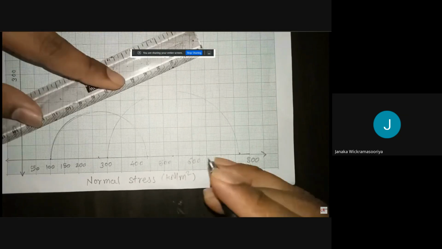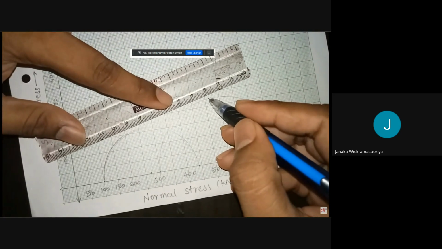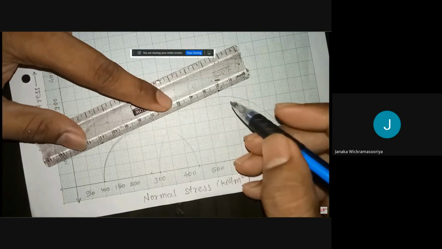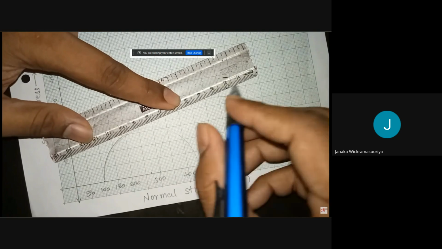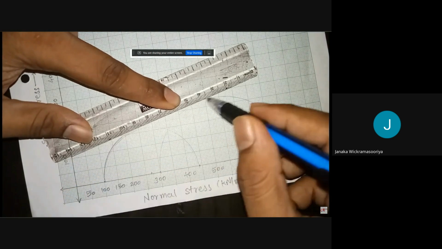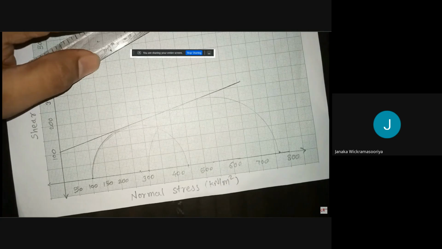Now with the help of these 2 semicircles, I will draw one tangent touching this point. So that is how you can match the trajectory. You can draw the tangent, right?